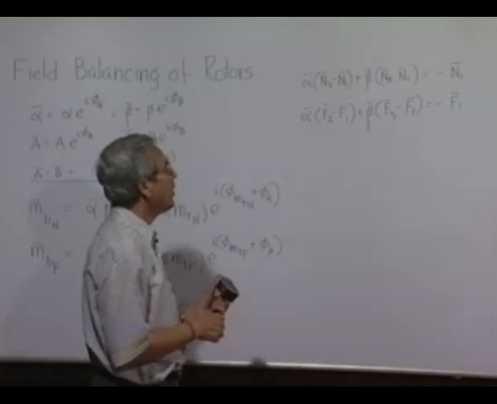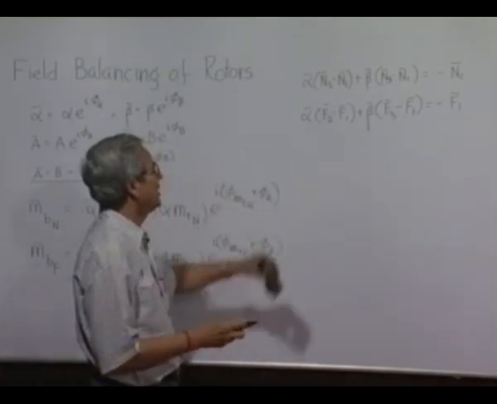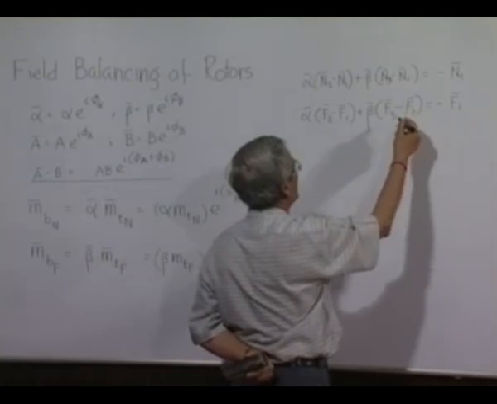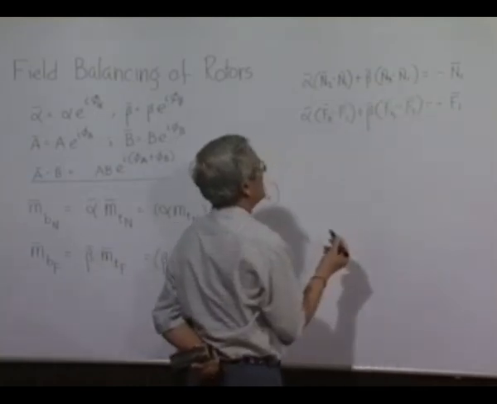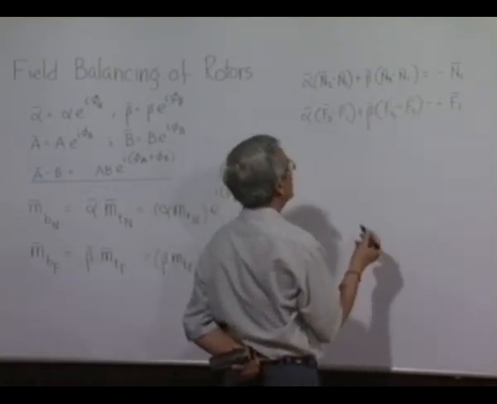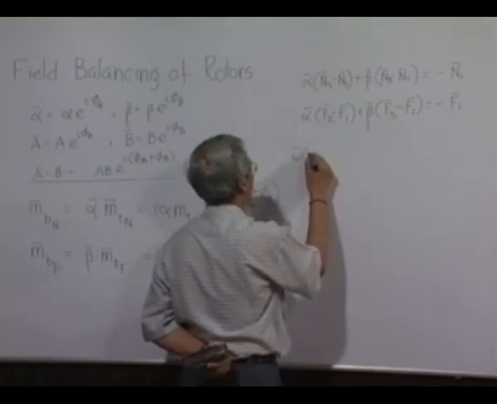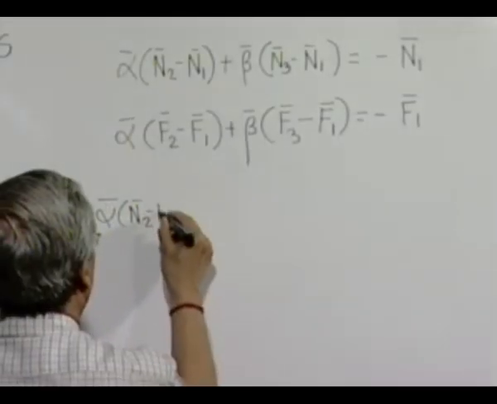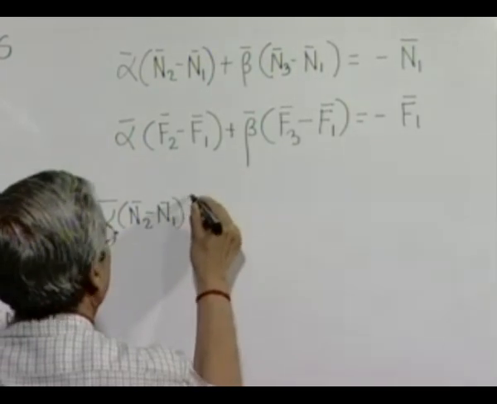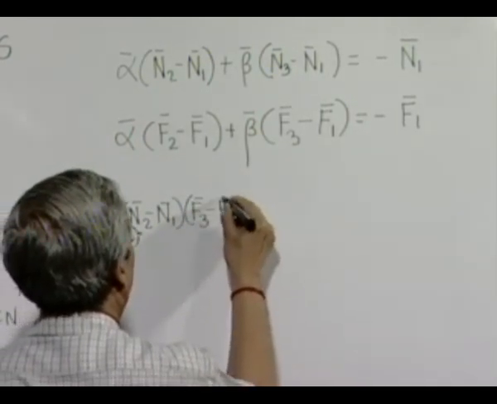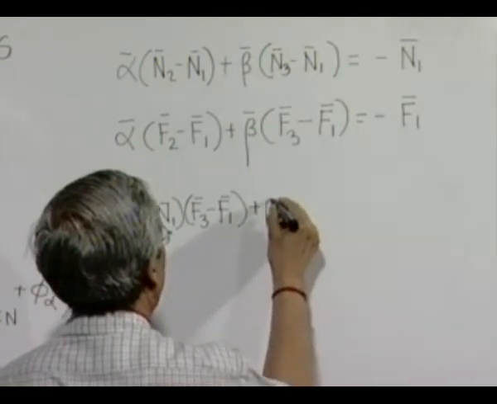Then the only thing we have to do is solve this simultaneous equation. So, what we do, we multiply this by F3 minus F1. So, we get alpha into this, plus beta.